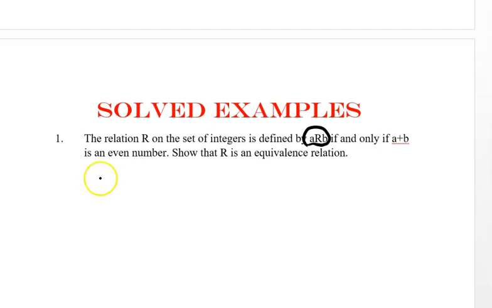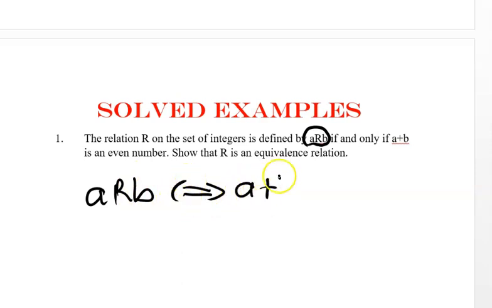That means a plus b is 2n, where n belongs to Z.